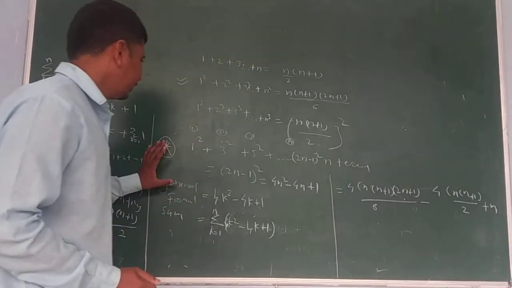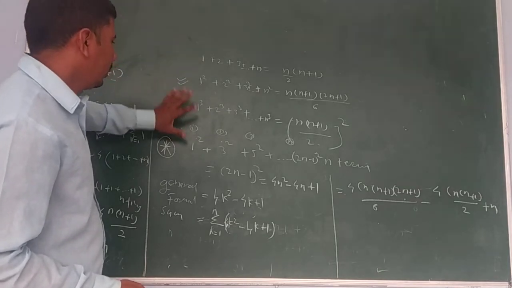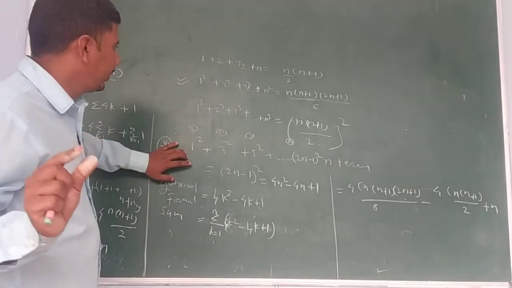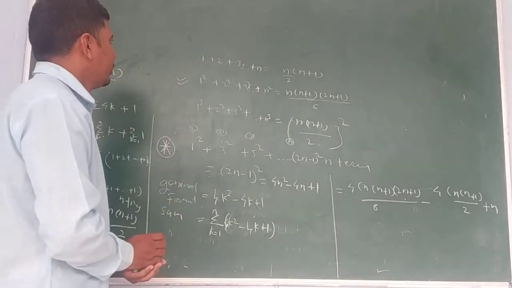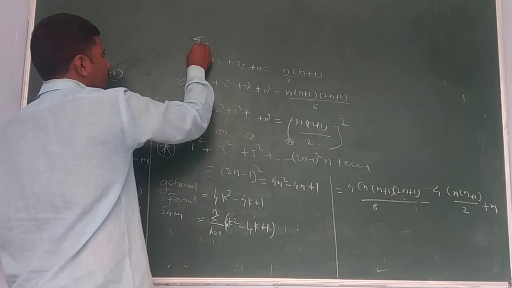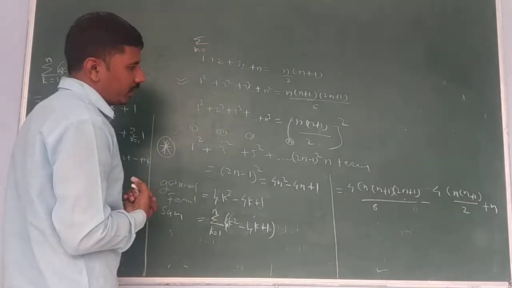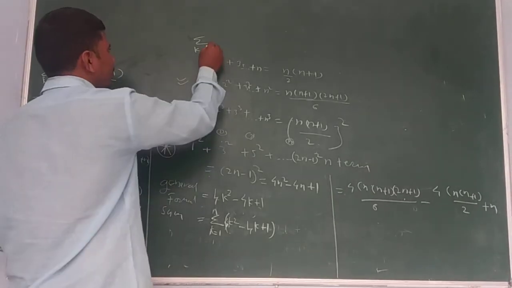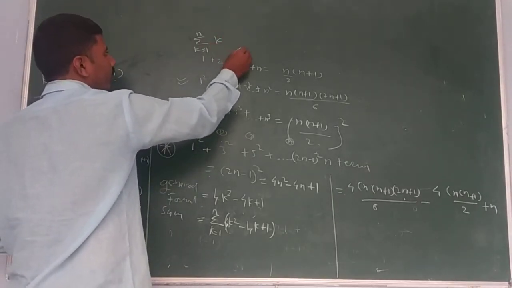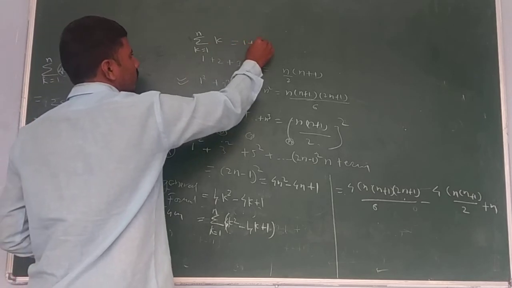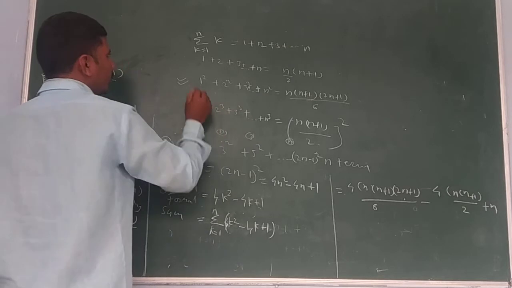Remember we have formulas 1, 2, 3. This example doesn't fit any of these formulas directly. I made a mistake there, so please excuse me. Summation of k from k equal to 1 to n will be 1 plus 2 plus 3 plus till n. Remember one more thing.